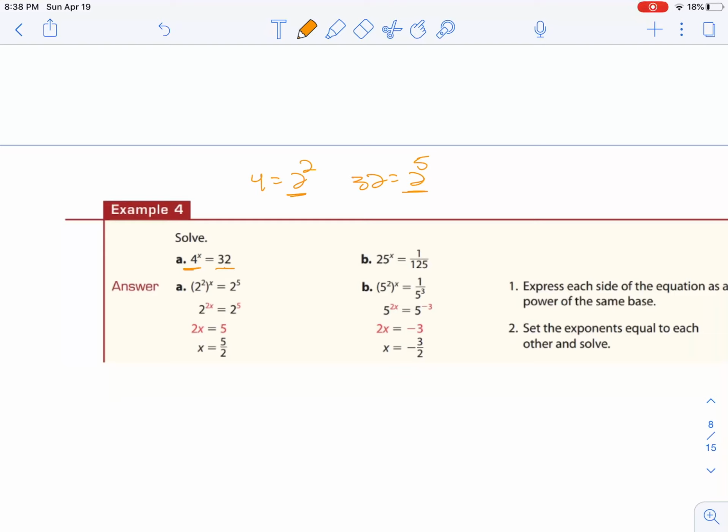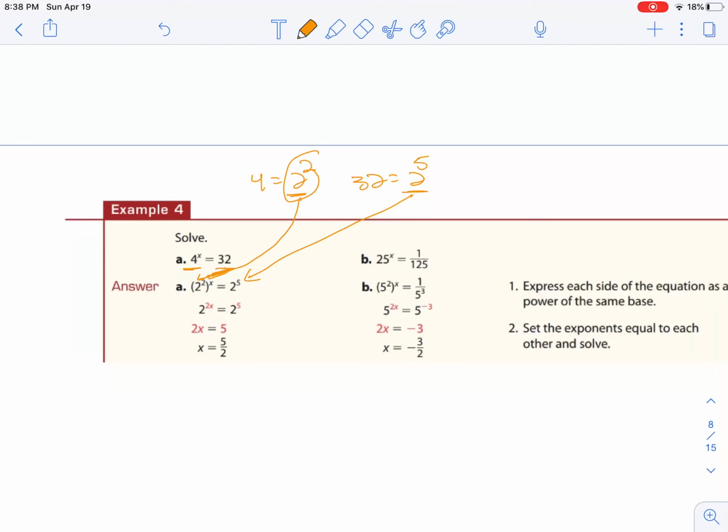So what they did was they said 2 to the 2, and then put the x on the outside. Does that make sense? We're substituting, instead of 4, we're putting 2 squared in here. The x is still on the outside, and our 2 to the 5th goes right there.